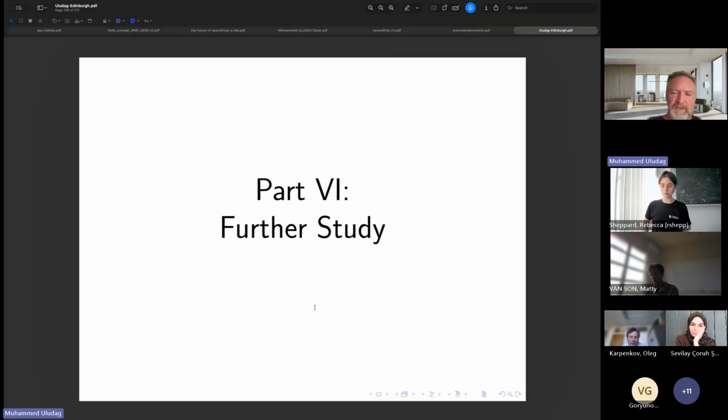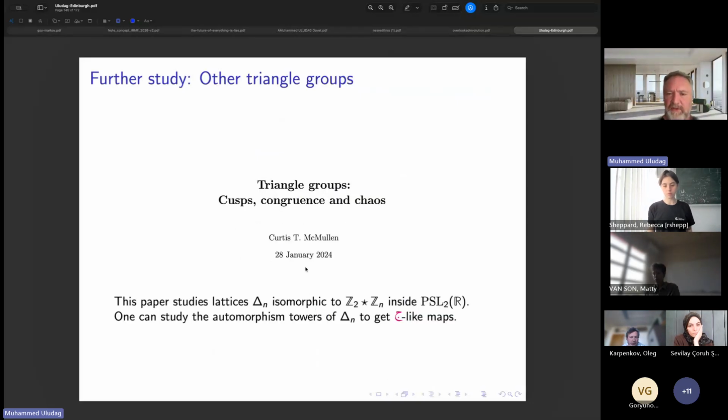If you are interested in these results, and if you do some further exploration, you may take a look at the recent paper of Curtis McMullen from 2024, where he studies some lattices isomorphic to Z2 free product Zm inside PSL2(R). And these groups do have some automorphism groups, which will give rise to some functions similar to Jimm.